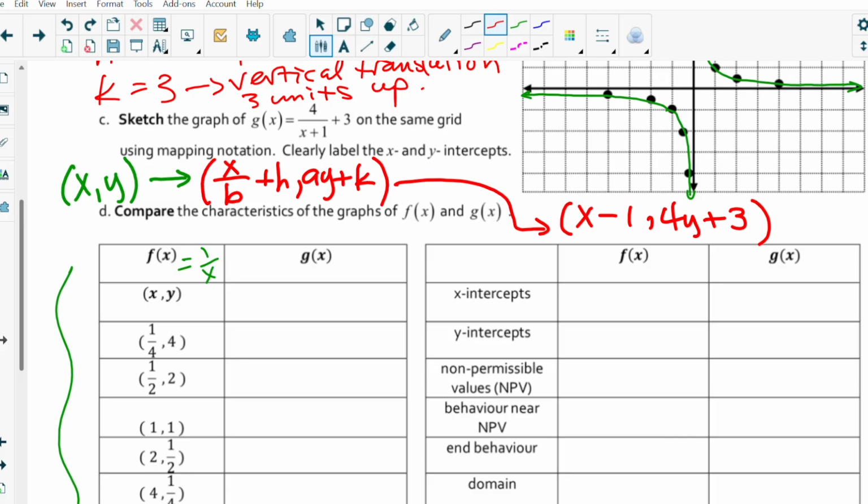Okay, so if I come over here and I do my mapping notation, so I am graphing g of x equals 4 over x plus 1 plus 3. My mapping notation is x minus 1, 4y plus 3.